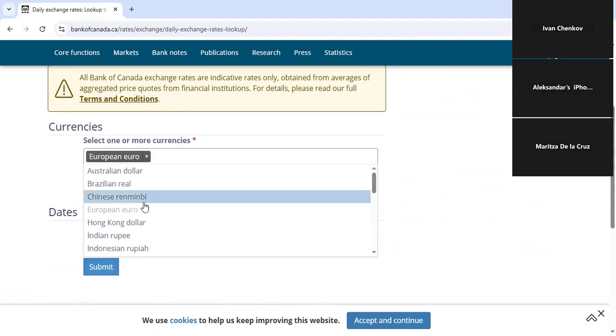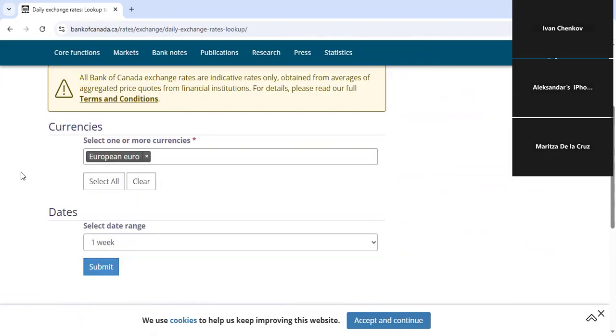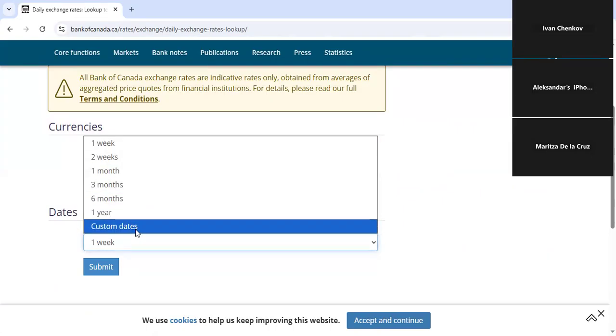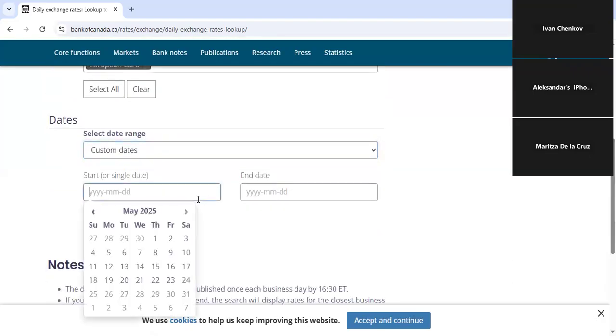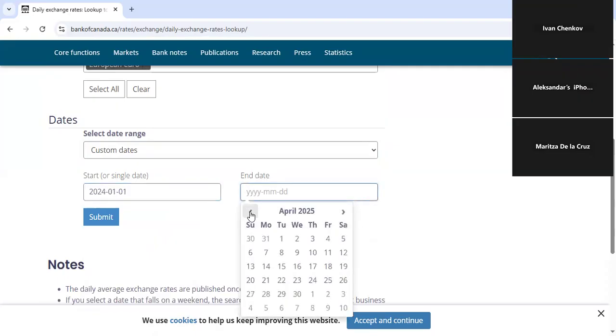If we do this, we're using the direct exchange rate in this case because we're asking how many Canadian dollars we're going to spend for €1. And you can select the range, the custom dates. Let's go with last year. You can easily pick from January 1st last year till December 31st last year.